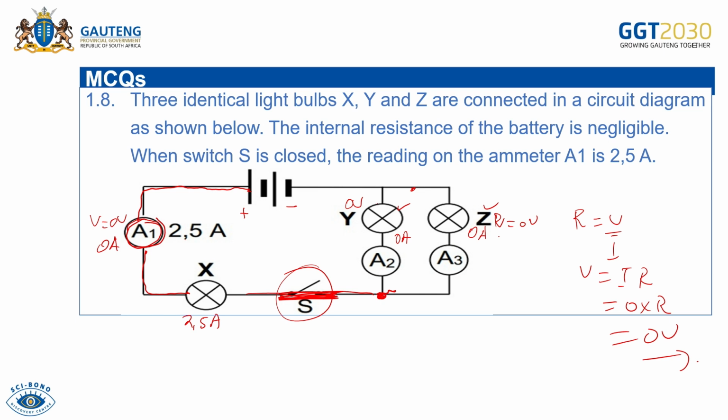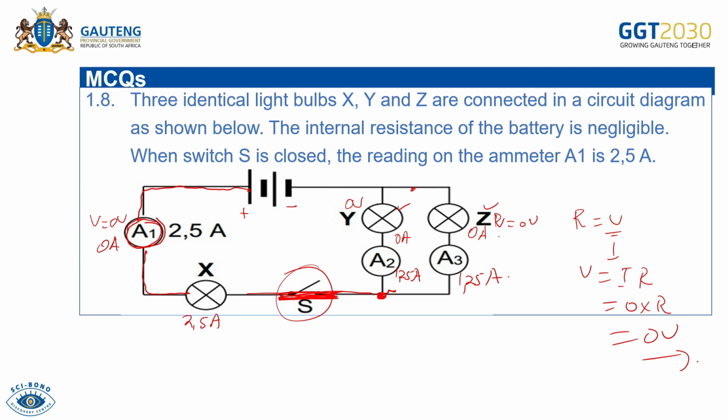So what is 2.5 divided by 2? 2.5 divided by 2, it's 1.25. So here it's going to be 1.25 amperes, the reading on A2, 1.25 amperes, the reading on what? On A3. Okay?